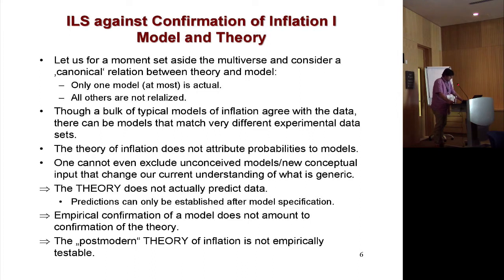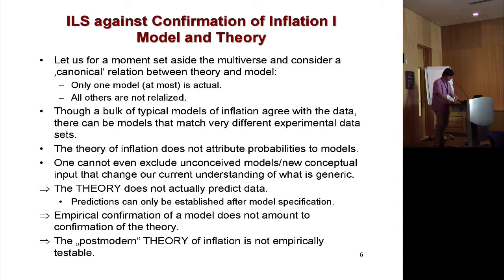And the theory of inflation, of course, does not attribute a priori probabilities to the models, in particular in this setting, which means that one cannot even exclude that unconceived models or new conceptual input, theoretical input from some side, could change our current understanding of what is generic in model building. Therefore, the theory itself, the theory of inflation, if you want to call it that, does not actually make any predictions.